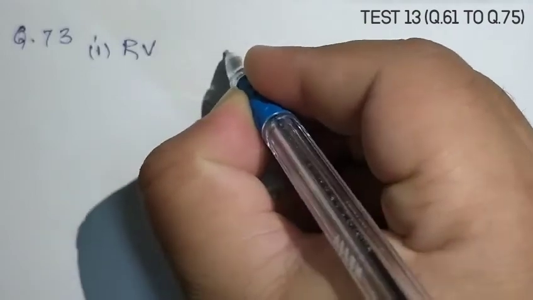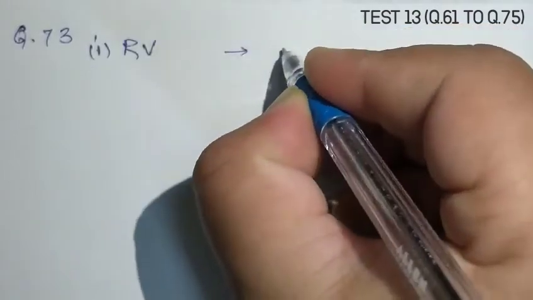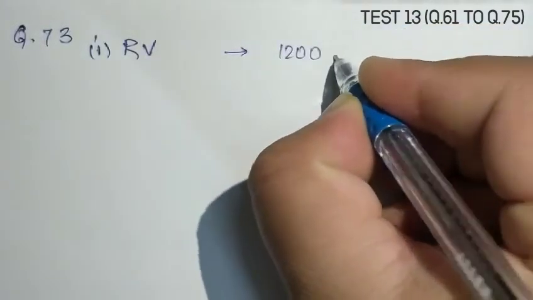Question number 73. Listed below are the 4 respiratory capacities and 4 jumbled respiratory volumes of a normal human adult. Which one of the following is the correct matching of the capacities and the volumes? First, residual volume. Normal residual volume is 1200 ml.